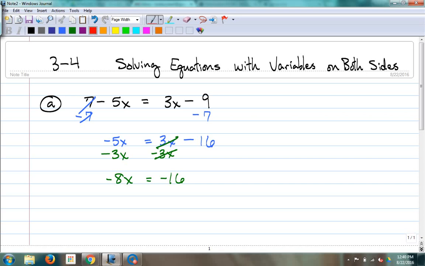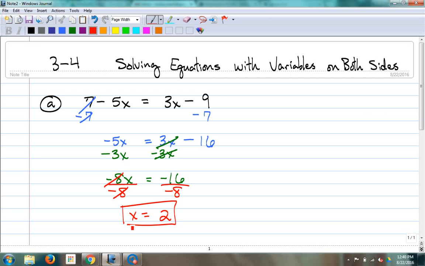And then we've got a one-step problem to do. So how would we solve this? Divide by negative 8. Yeah, positive 2.